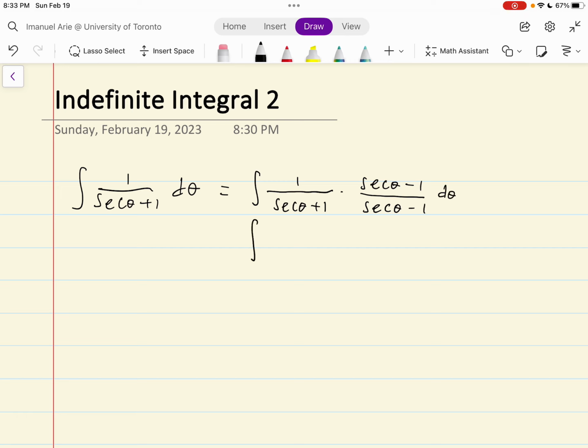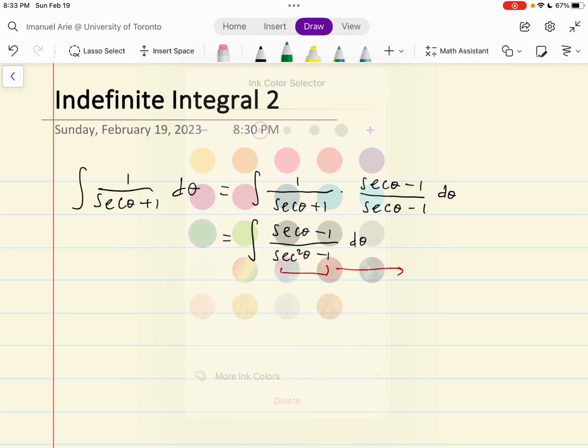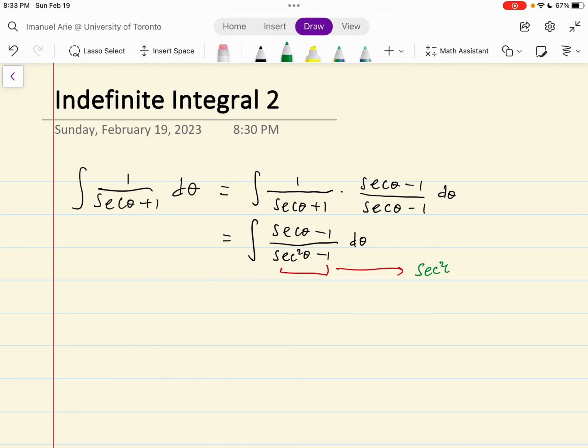So here we get secant theta minus 1 over secant squared theta minus 1 d theta. So we can change the denominator into tangent squared theta.